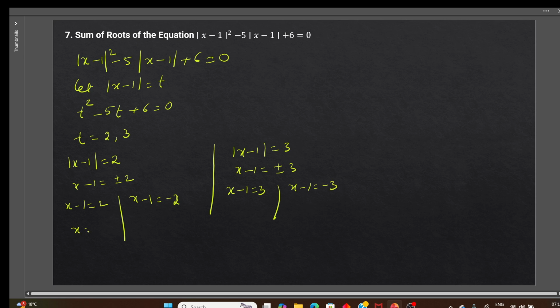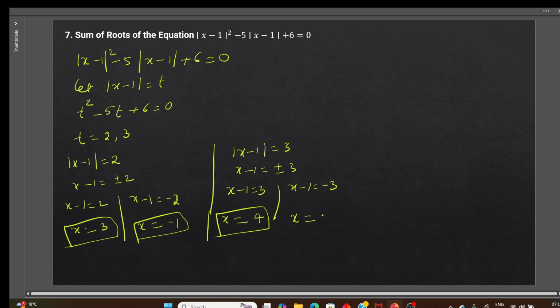So we get x is equal to 2 plus 1, which is 3, and x is equal to minus 2 plus 1, which is minus 1, and x is equal to 3 plus 1, which is 4. x is equal to minus 3 plus 1, which is minus 2. What are the roots we get here? 3, minus 1, 4, minus 2.